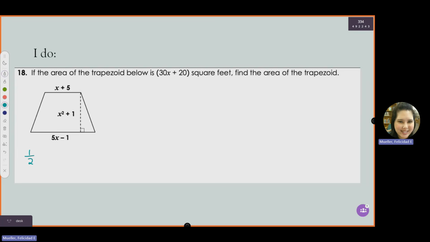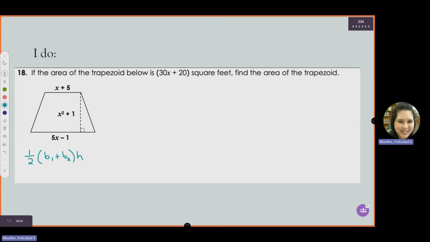I'm going to double check this formula for myself. I'm always not as sure on areas of trapezoids. It's been a while since I've seen those. It's 1/2 of base 1 plus base 2 times your height.